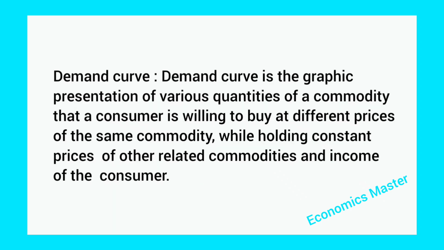Demand curve is the graphical representation of various quantities of a commodity that the consumer is willing to buy at different price levels. Here we assume the income of the consumer and the price of the other commodities remain constant.